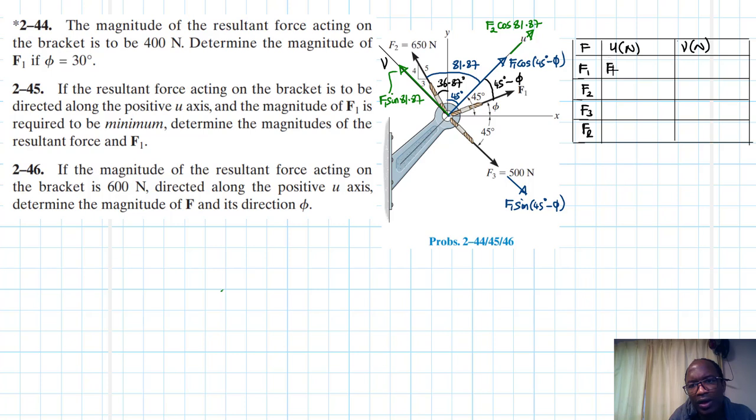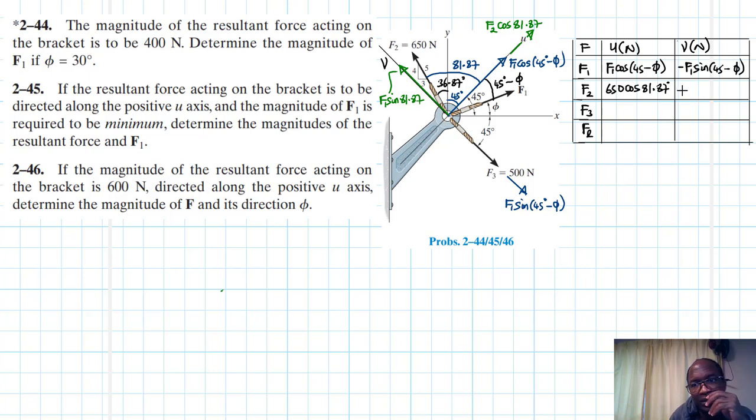We'll have a positive value along the u-axis, so we'll call it F1 cos(45 - 5). And the y component will be negative F1 sin(45 - 5). Then F2 along the u-axis is 650 cos 81.87.